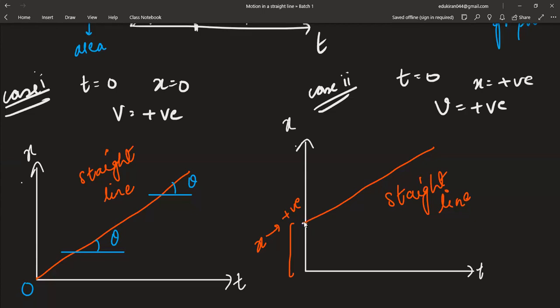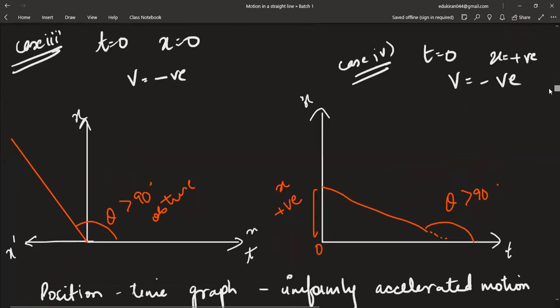Time is still 0 at this point, and we are getting the position that is covered by the body. And still we are getting a positive slope. Look, theta here also. So this is a positive slope, again a straight line graph.